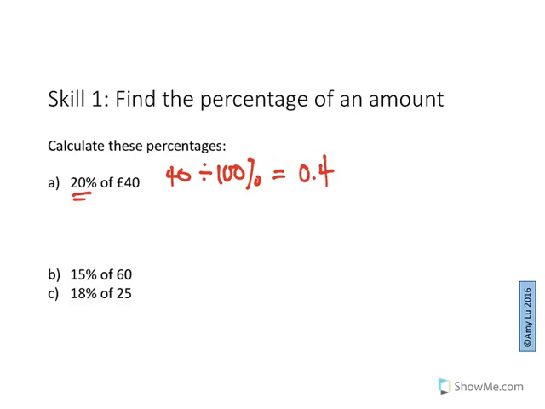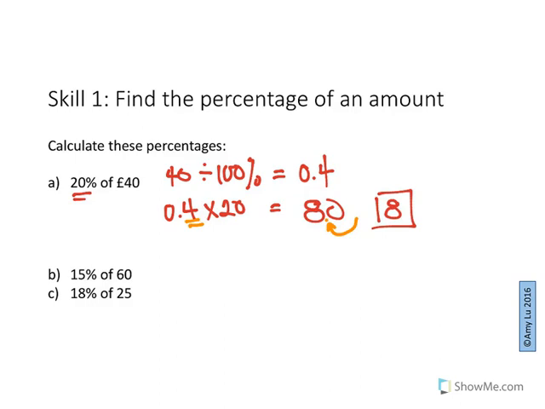Since you want 20%, do 0.4 times 20. And simply pretend that is 4 times 20, that is 80. There's one number behind the decimal, so I just move it in one spot from the end, and my answer is just 8.